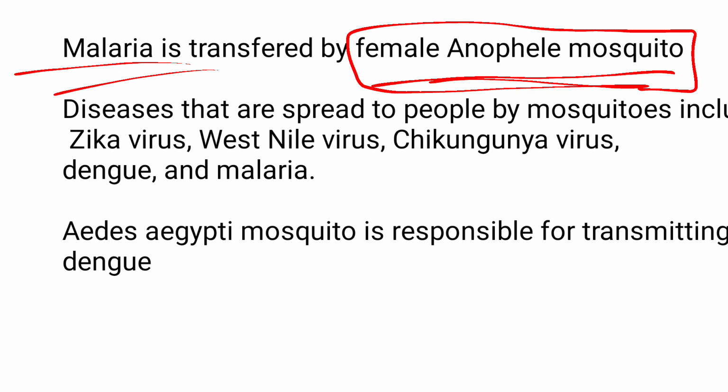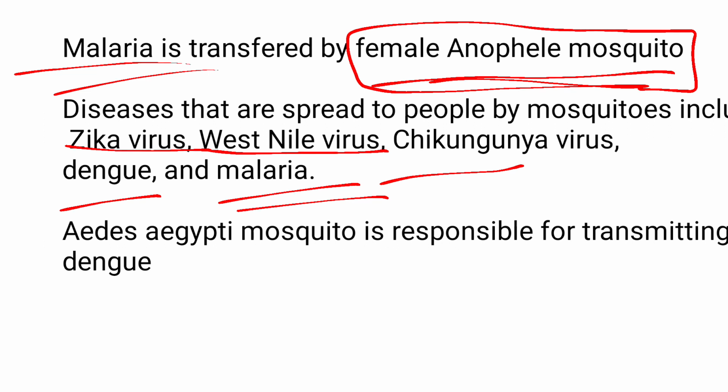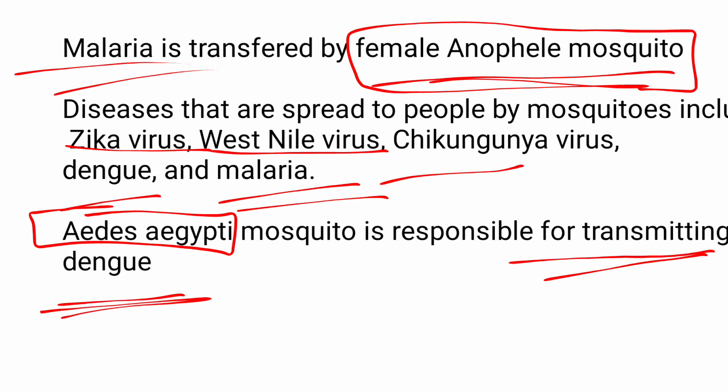Next, diseases that are spread to people by mosquito include Zika virus, West Nile virus, Chikungunya virus, dengue and malaria. Aedes aegypti mosquito is responsible for transmitting dengue. Aedes is also responsible for transmitting Zika virus, and it is also responsible for transmitting dengue.